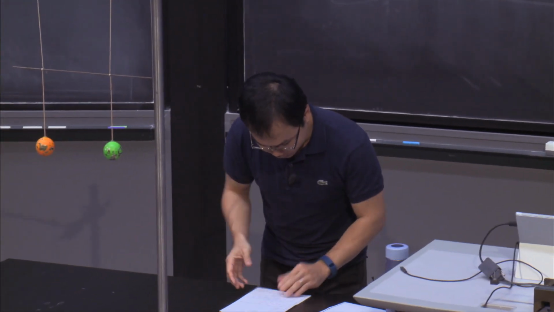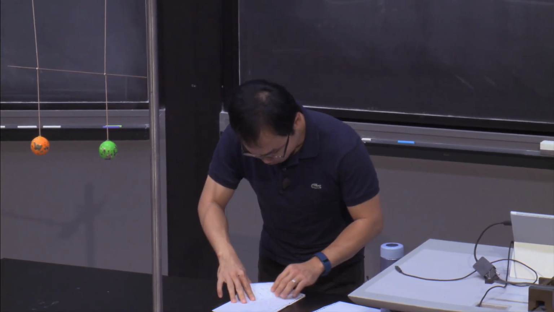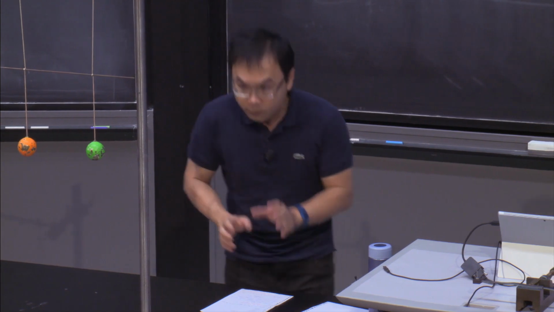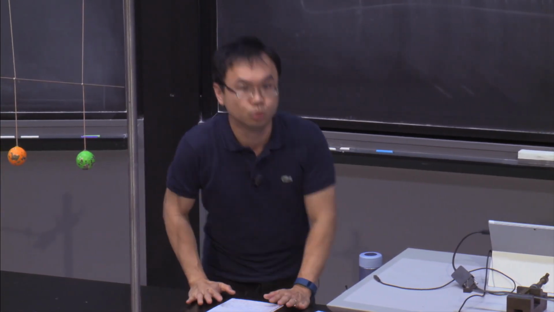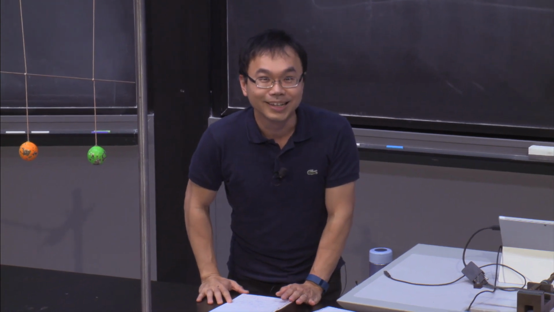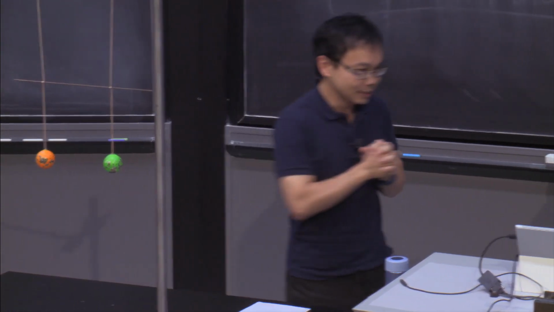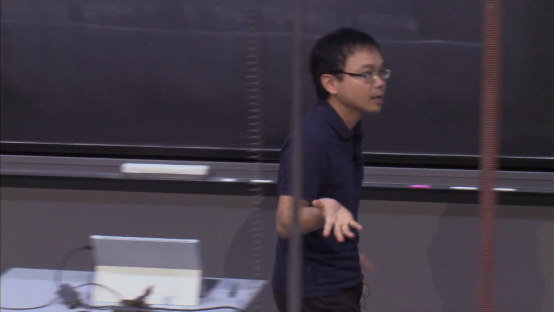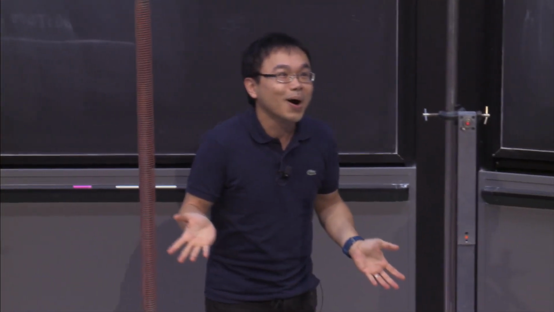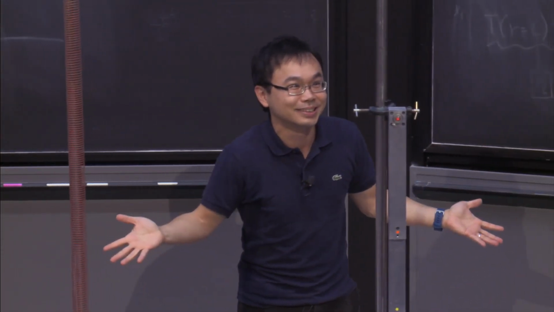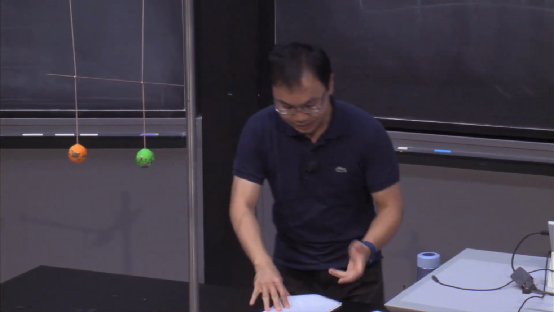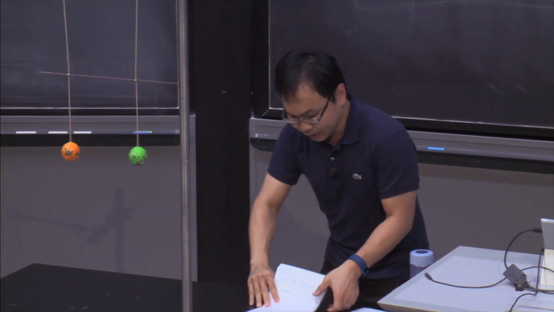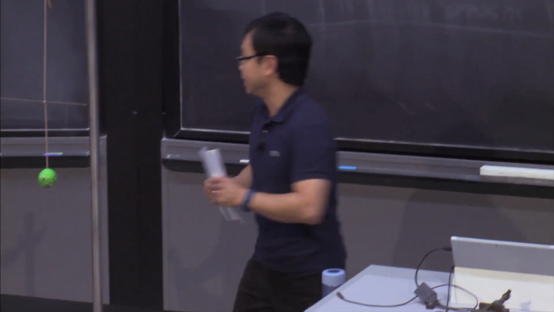Also, we can see that all those complicated motions are just an illusion. The reality is that all of those are just superpositions of harmonic motions. You will see that by the end of this class. That's really amazing, so let's get started immediately.